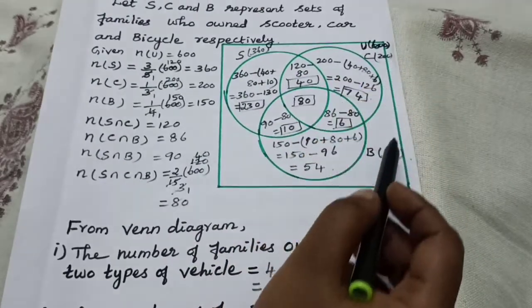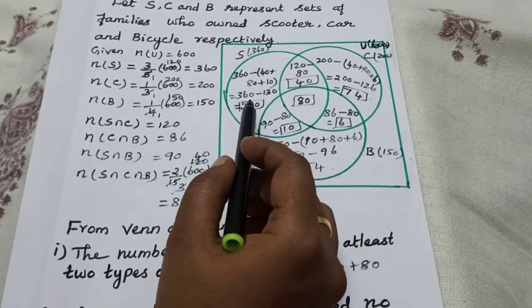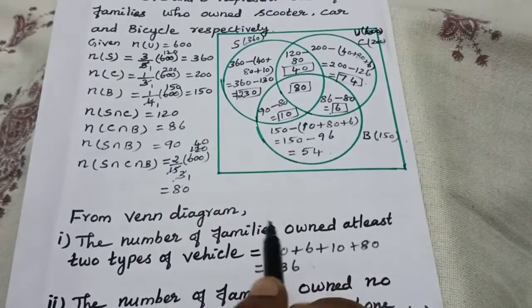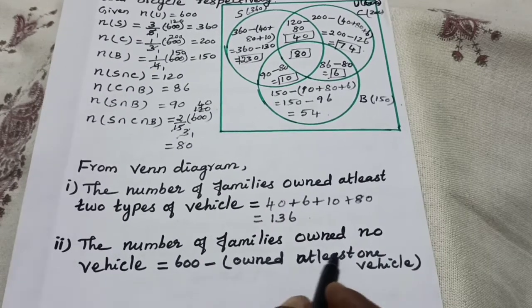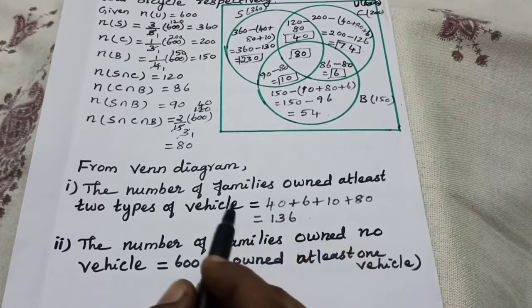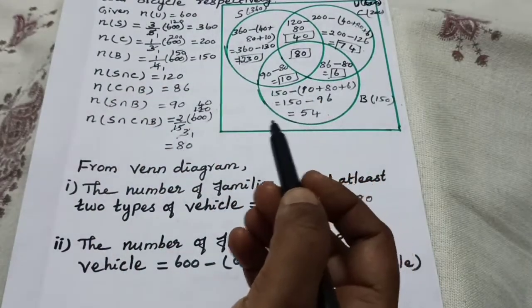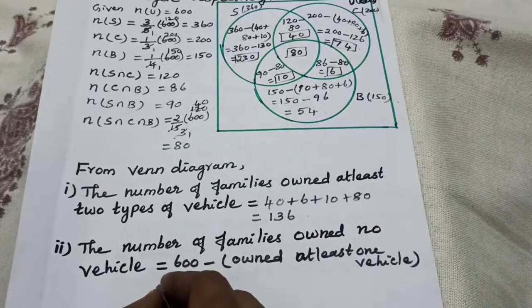Okay, then here total 600 families. From here we have to subtract this fully. Okay, this one we have to subtract. That means 600 minus own at least 1 vehicle. At least 1 vehicle means 1 vehicle. Then 2 vehicles, how many of them are using? 3 vehicles, how many of them are using? 3 also we have to add.